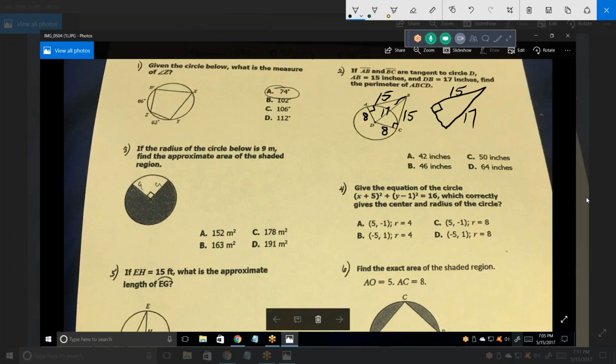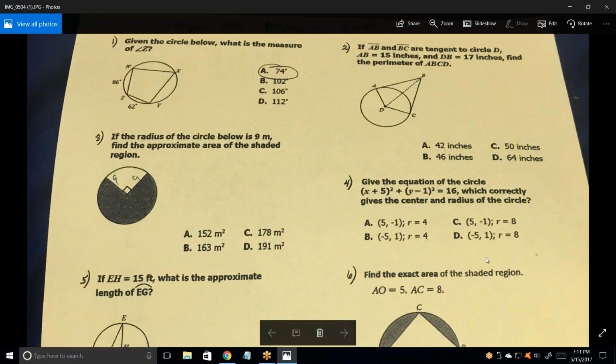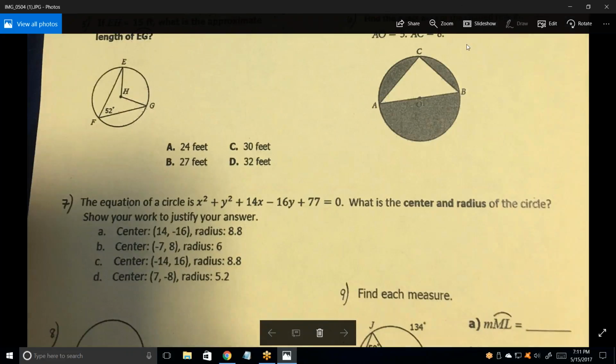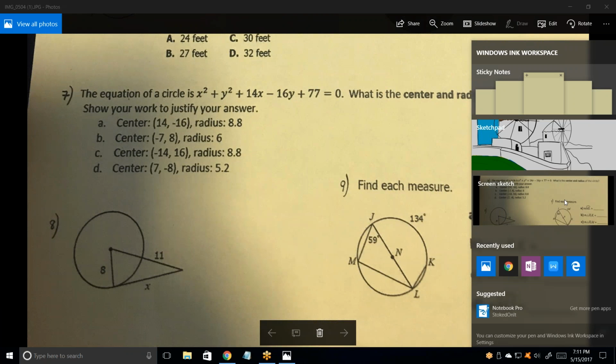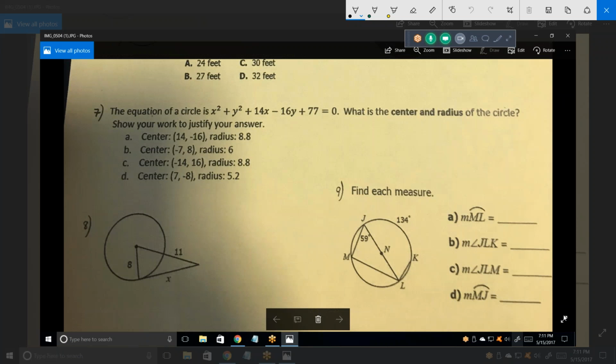Let's do number 7. You know how to complete the square?